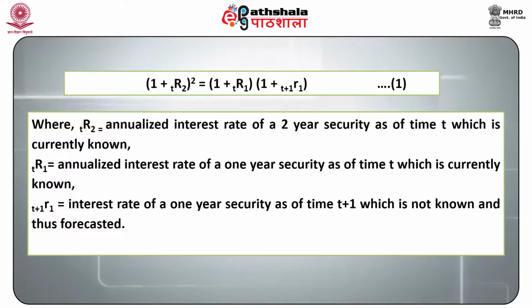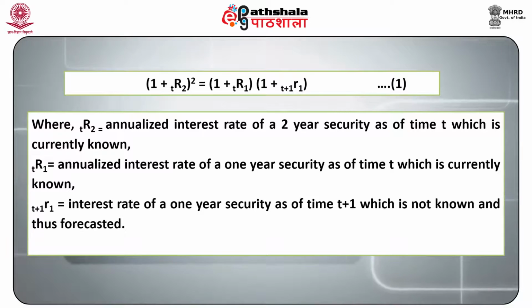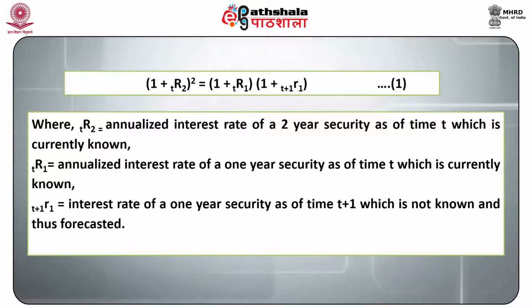That is, (1 + tR2)^2 = (1 + tR1)(1 + t+1R1), equation 1, where tR2 is the annualized interest rate of a 2-year security as of time t, which is currently known. tR1 is the annualized interest rate of a 1-year security as of time t, which is currently known. t+1R1 is the interest rate of a 1-year security as of time t+1, which is not known and thus forecasted.